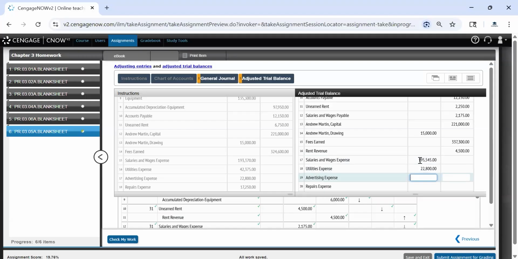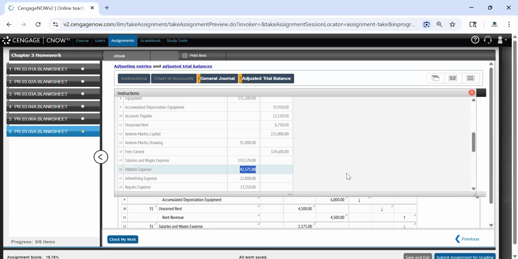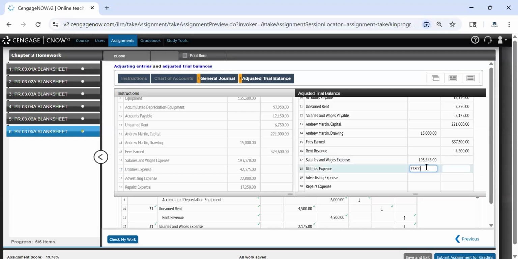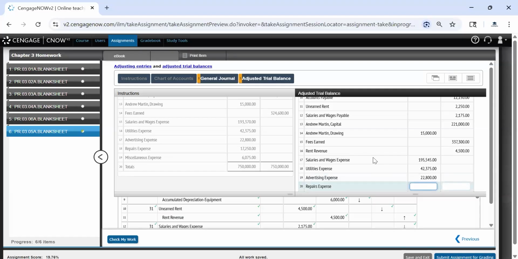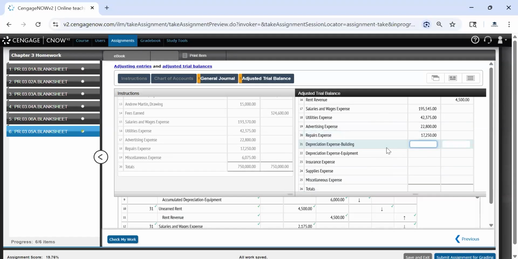And then utilities expense we did not accrue anything for, so that's the same. Advertising expense, oh no, never mind. The utilities expense is 42,375, and then the advertising expense, we also didn't accrue anything, so that's the same, 22,800. Repairs expense was unaffected, so that's 17,250.